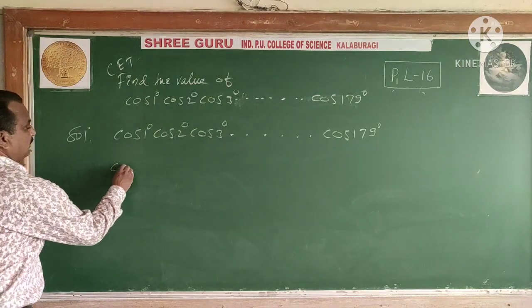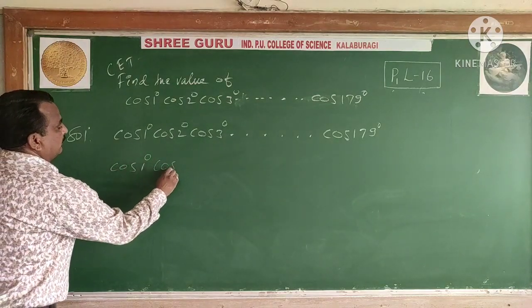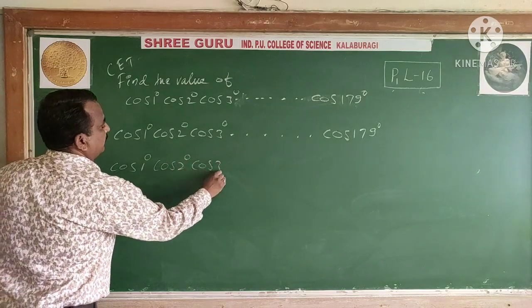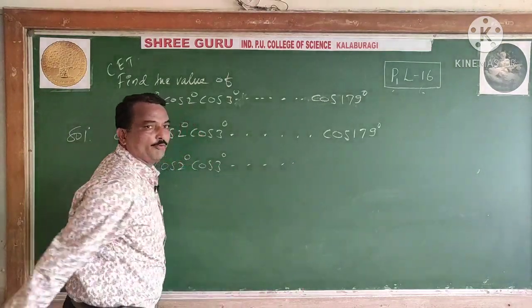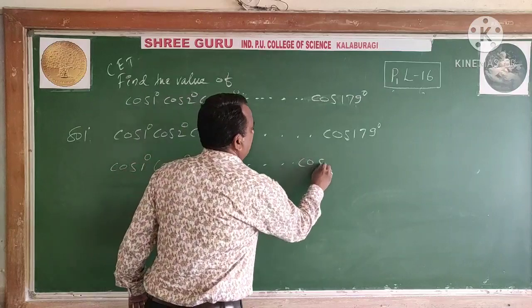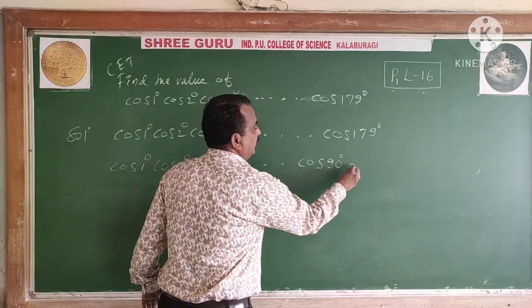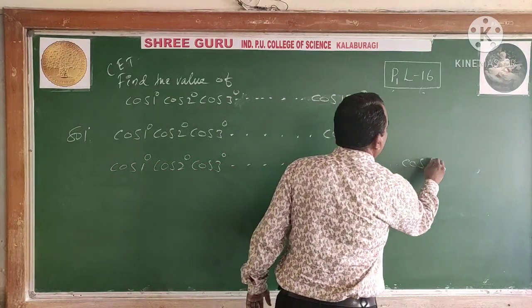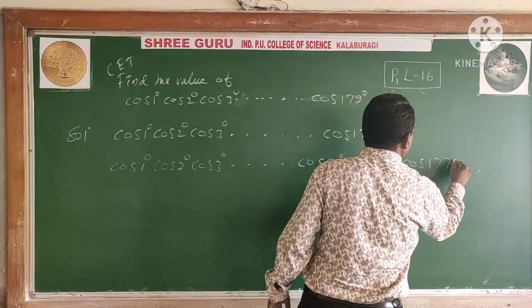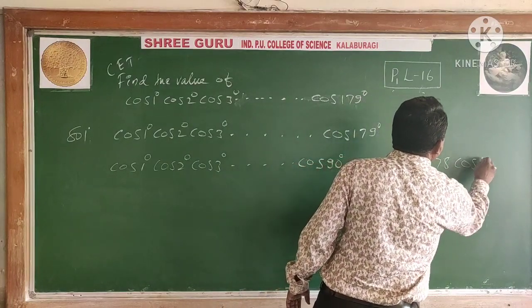See how it is 0. Cos 1 degree, cos of 2 degree, cos of 3 degree, 4 degree, 45 degree, 60 degree, 90 degree, then 91, 92, 93, up to cos of 178, cos of 179.